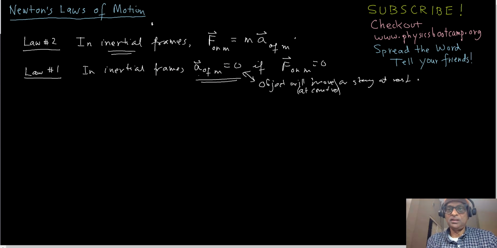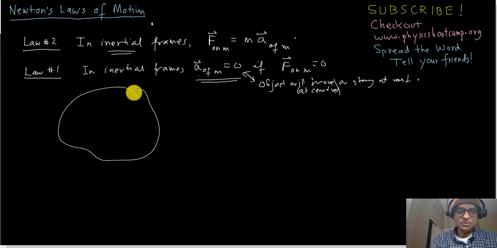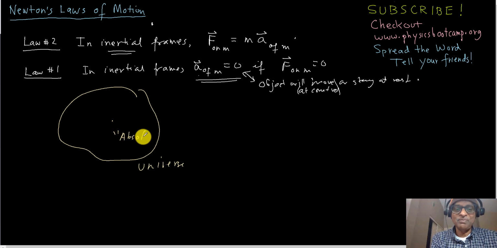So as we look around, broadening more and more of the universe, you can see that... So this is our universe. One such frame would be assuming the center of the universe is at absolute rest. Whatever that may be, this is something very questionable. Nobody knows, right?